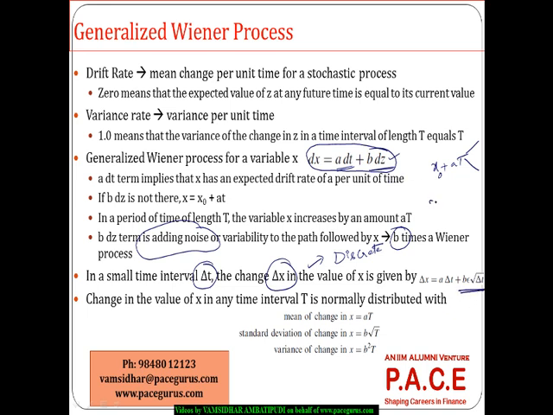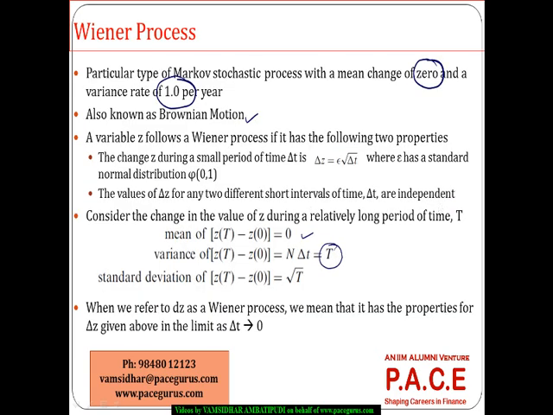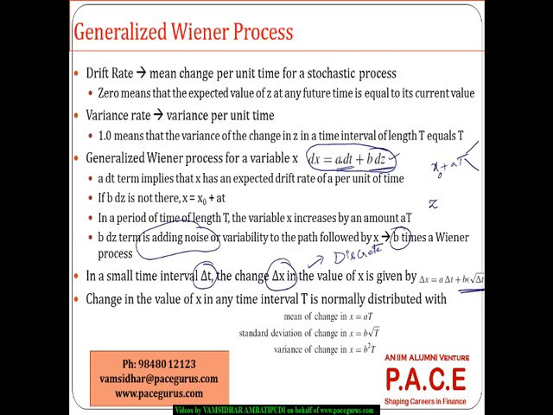We know that delta z at any point in time, as in the previous slide, is epsilon times square root of delta t. The same logic I am bringing here: b times delta z, and delta z is epsilon times square root of delta t.